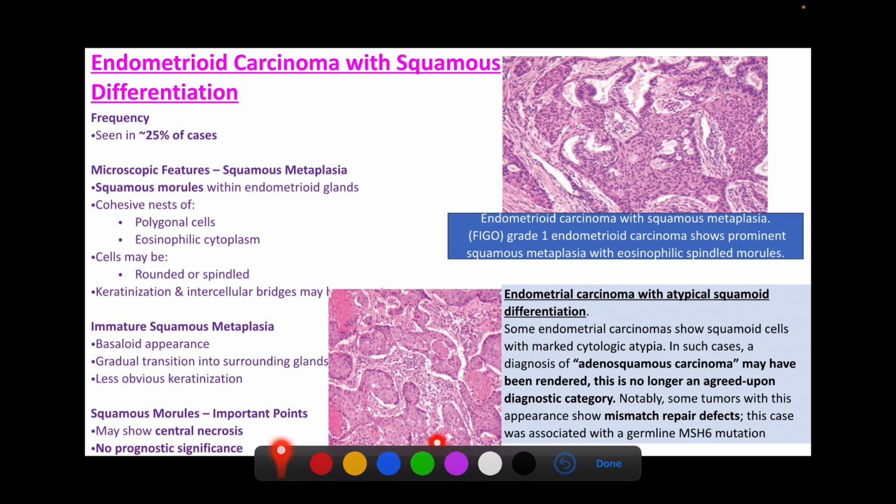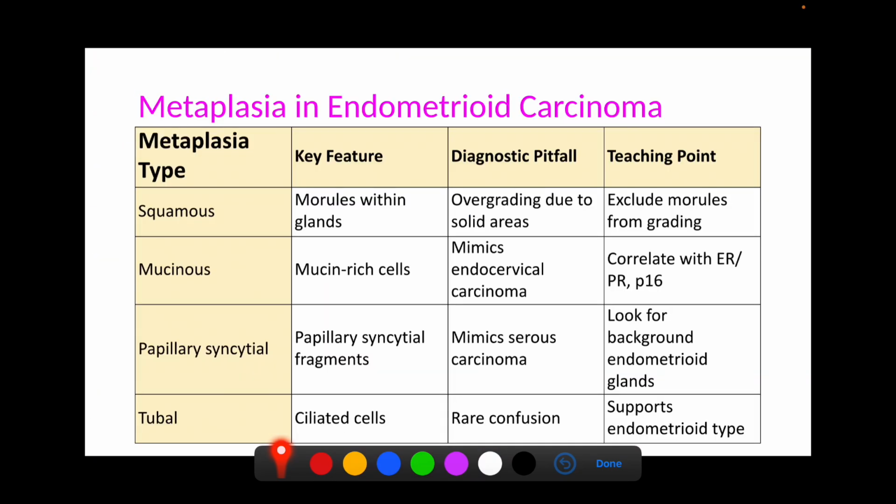Previously it was called adenosquamous carcinoma, but this is no longer an agreed upon diagnostic term, and this type of tumor is called endometrial carcinoma with atypical squamoid differentiation, and this tumor shows mismatch repair defect, and this case particularly was associated with germline MSH6 mutation.